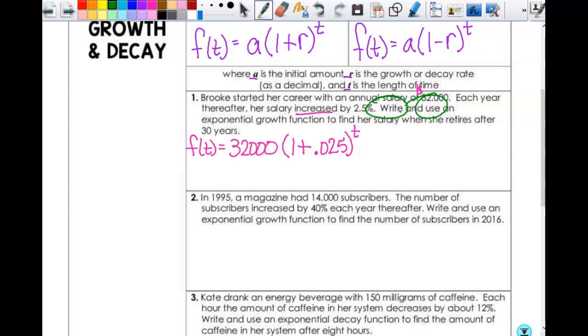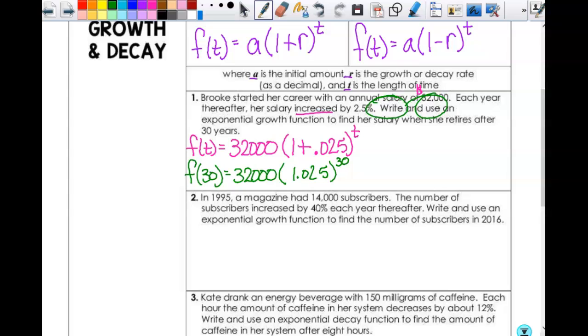That's us writing it, and then we can substitute in t. Us using it is substituting in what for t? 30. And then that's equal to 32,000 times, well, 1 plus 0.025 is 1.025, to the 30th power. You could leave it as plus, it doesn't matter.